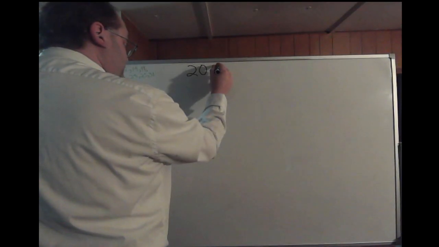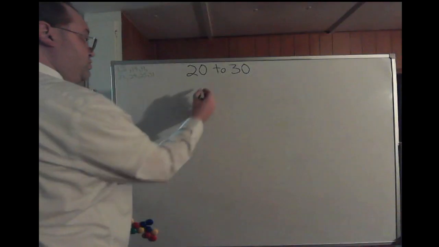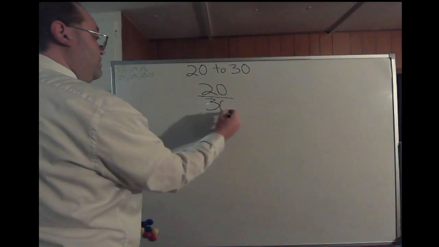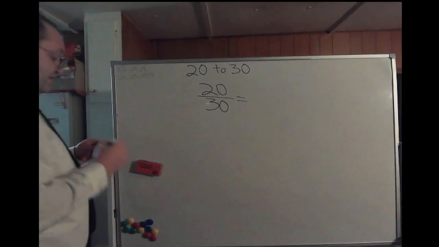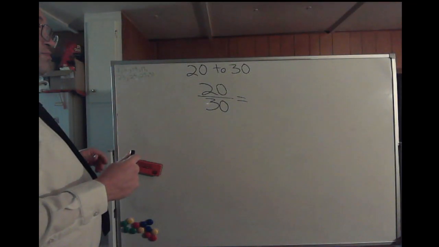And the last one here. Alright, you have 20 to 30. Of course, 20 will be your numerator, 30 will be your denominator. If you want to simplify this, you see that they both have an extra 0 in the numerator and denominator.